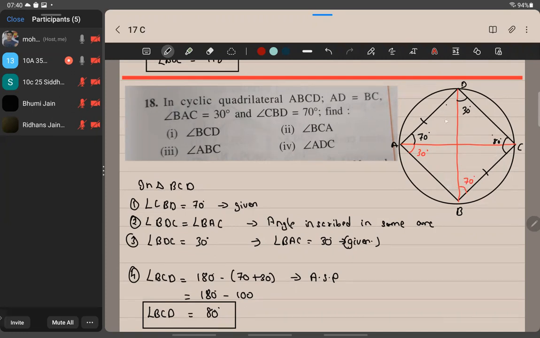Can you repeat? Can you find the angles?